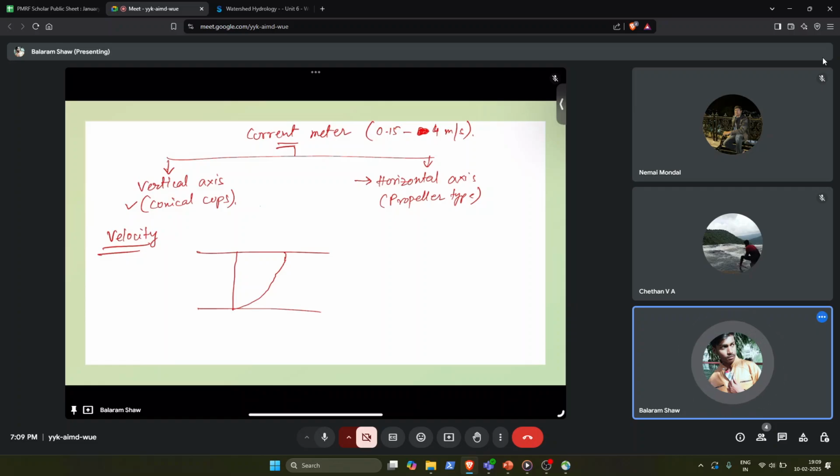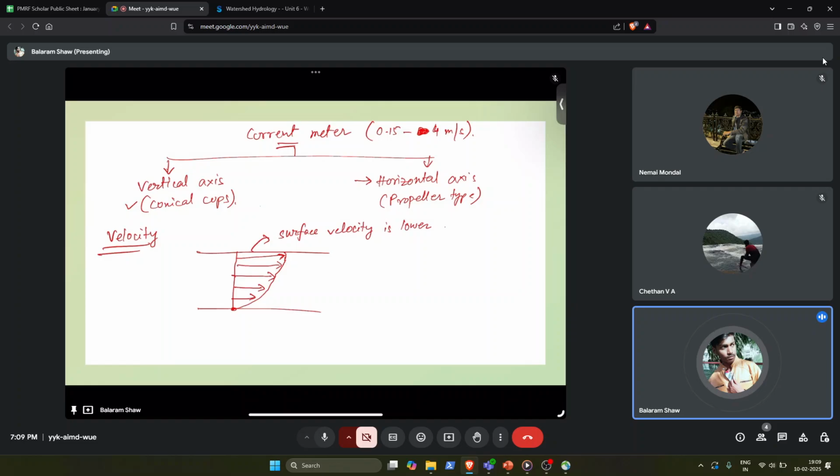Because you can see that somewhat below the surface we see highest velocity, and as you go down the velocity reduces, and at the bed there is zero velocity. Why is the velocity at the surface less than that of somewhat below the surface? Any answers? So here we see that surface velocity is lower.